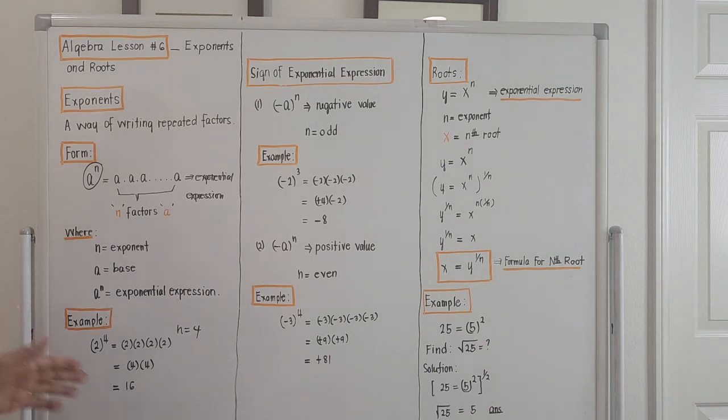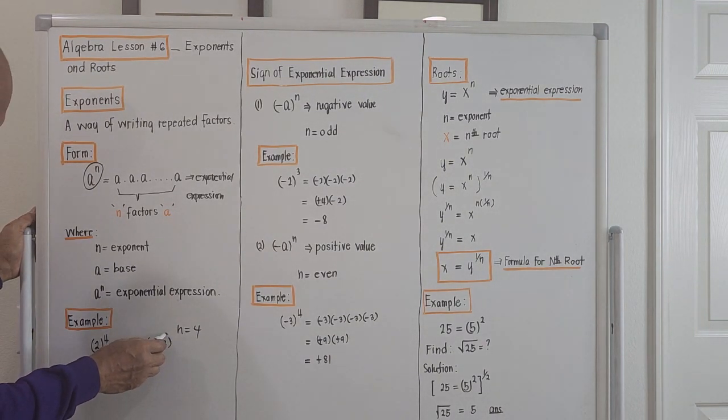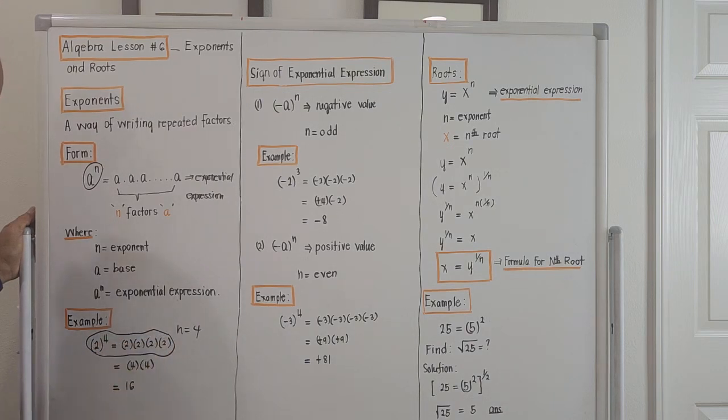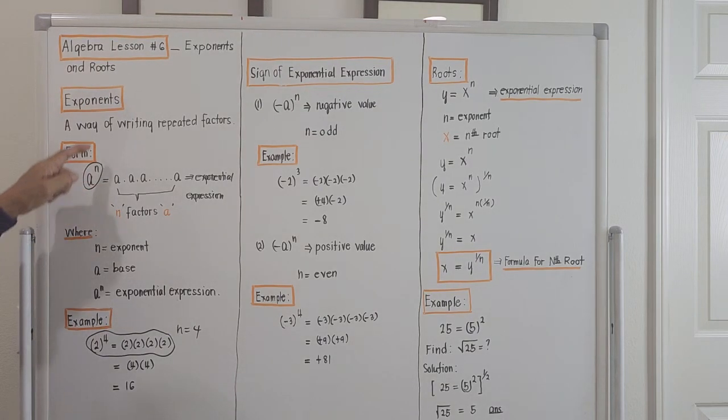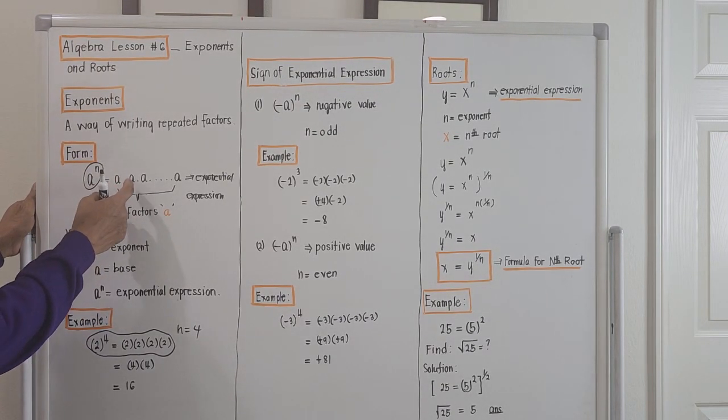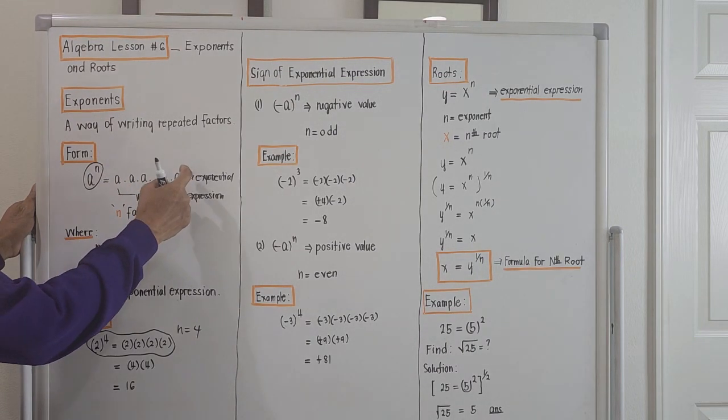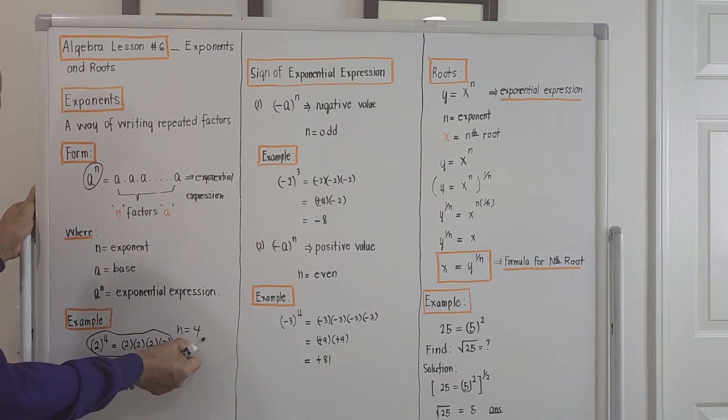So what's the significance of this example? It is similar to this: a raised to n will be the product of a times a times a, up to a number of factors that depends on the value of n.